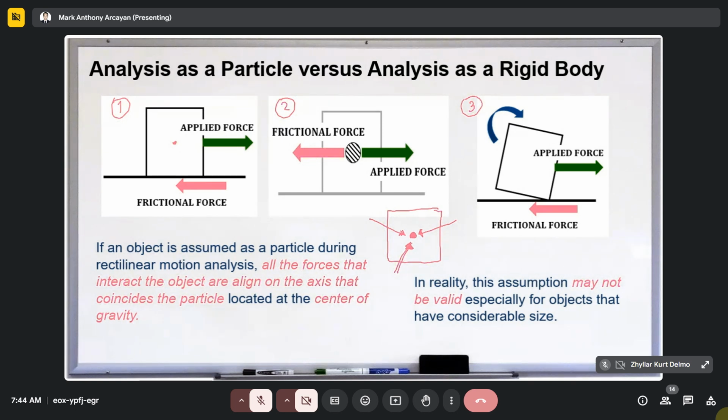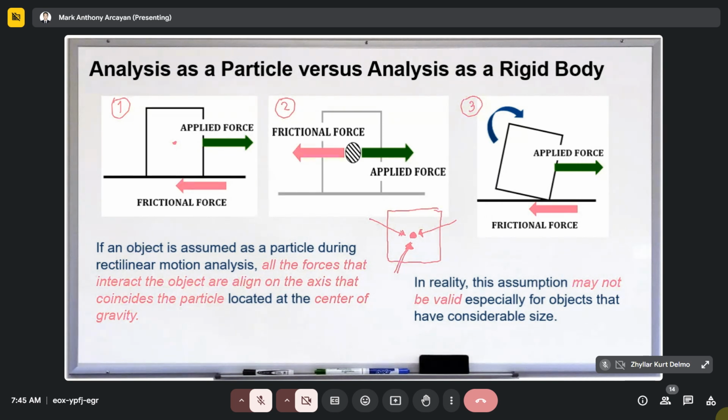But in reality, we cannot guarantee that the external forces will act only at the center of gravity, because it depends on the design of our object and its dimensions and how you install it into your system, or maybe it could be a certain machine element that you install in your machine or in your engine.